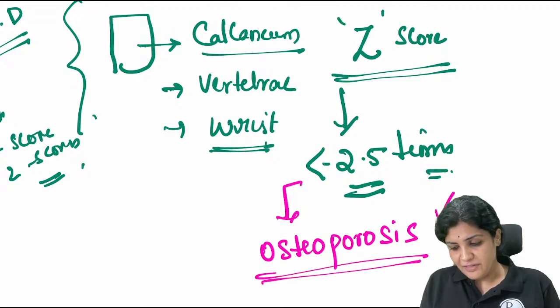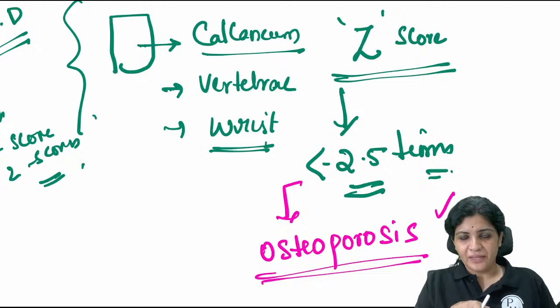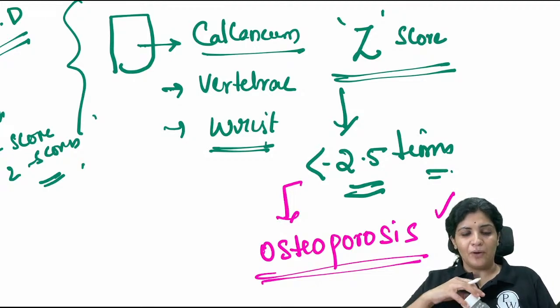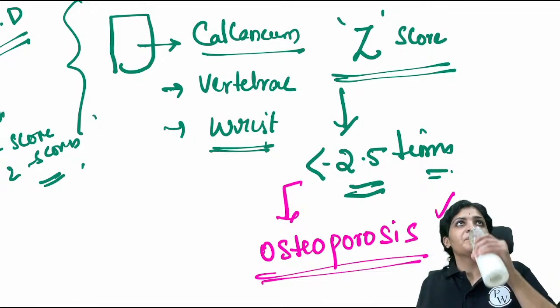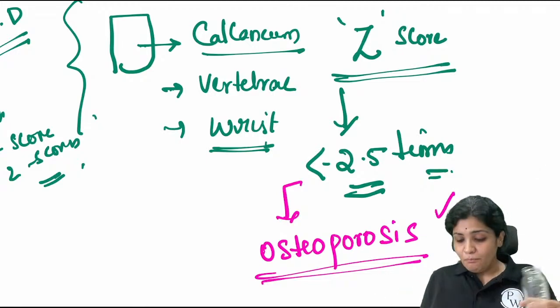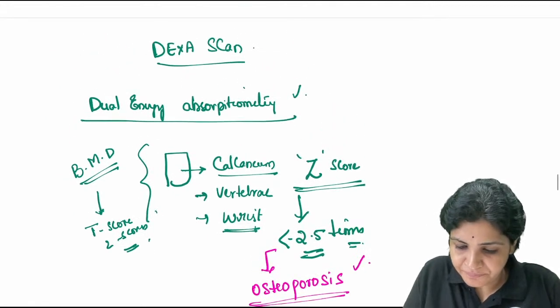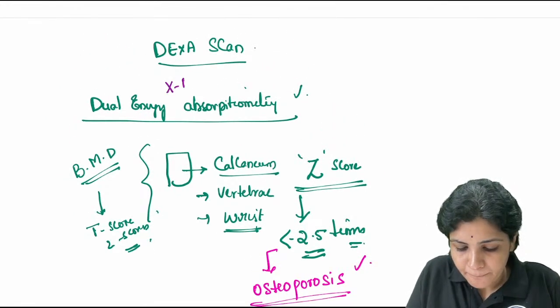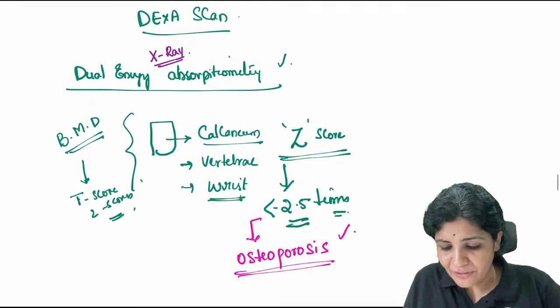So minus 2.5 is the cutoff, and if it is minus 3, then it is severe osteoporosis. Is that clear? So osteoporosis is diagnosed by one such investigation, which is called the DEXA scan, dual energy X-ray absorptiometry. So that is about the DEXA scan.